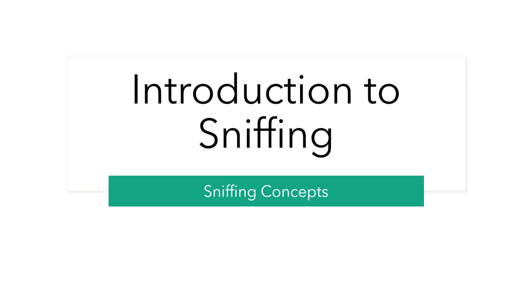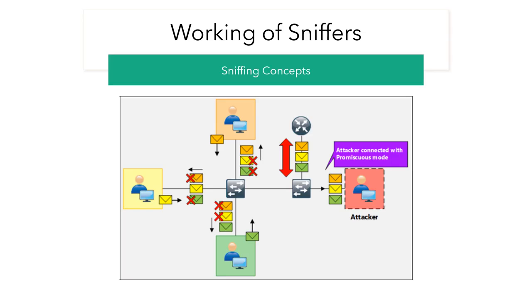Let's focus on how sniffers perform their action and what we get using sniffing. In the process of sniffing, an attacker gets connected to the target network in order to sniff the packets, using sniffers, which turns the network interface card, or the NIC, of the attacker system into promiscuous mode. The attacker captures the packets.